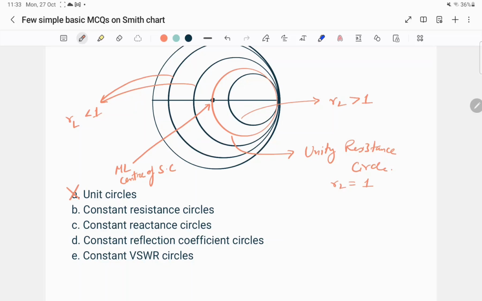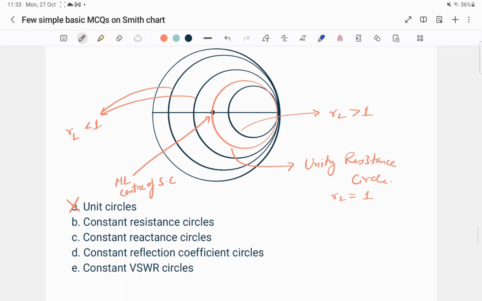What about option B? Constant resistance circles. Yes, all these circles are constant resistance circles. This particular circle will have some value of resistance which is constant throughout the circle. Similarly, this circle is also a constant resistance circle because throughout it the value of resistance is constant.